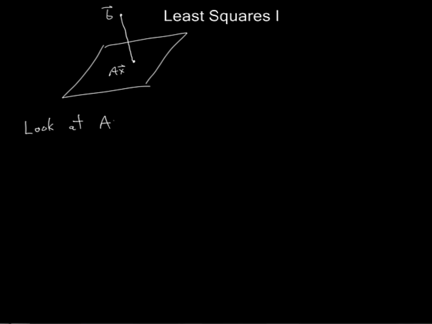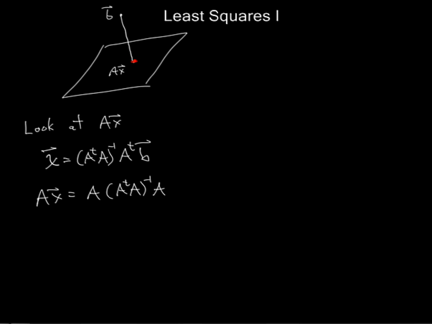Okay, let's look a little more closely at this solution, or this point Ax. So I was talking about x before, but x is this m-tuple, but let's look at the image of it, this point Ax. Well, x is this thing, (A transpose A) inverse times A transpose b. So Ax is exactly this thing.